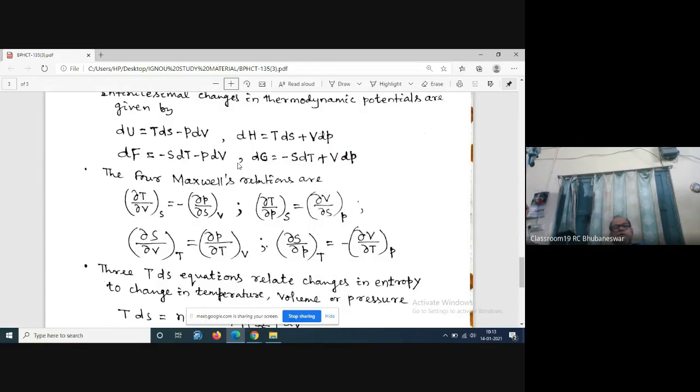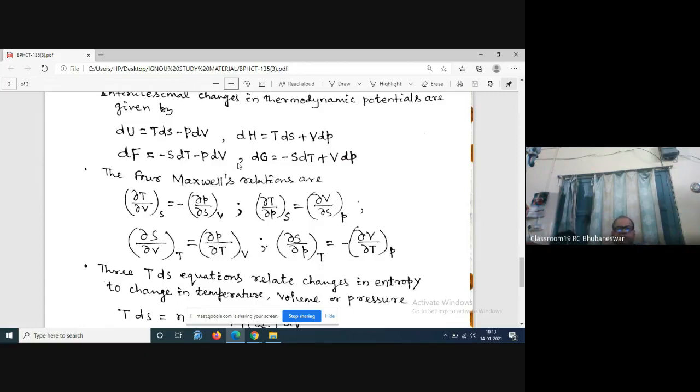So there are four equations derived by Maxwell, known as Maxwell relations. Now see, del T by del V at constant entropy S, when we write the subscript S, the entropy is constant, equal to minus del P by del S at constant volume V.